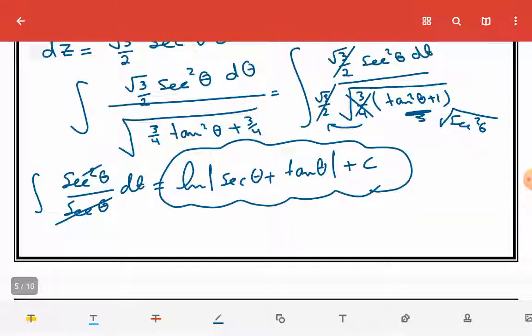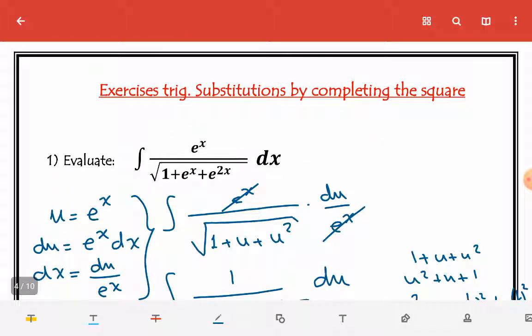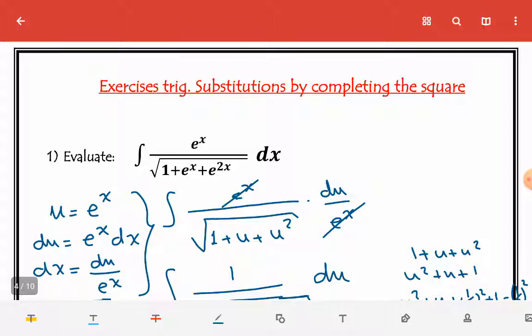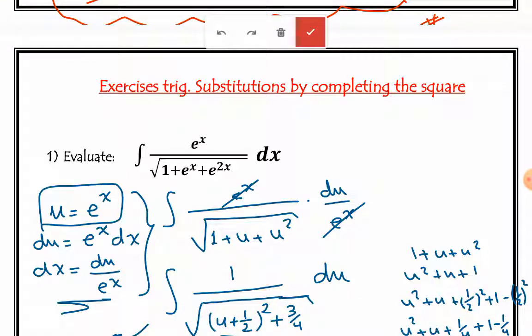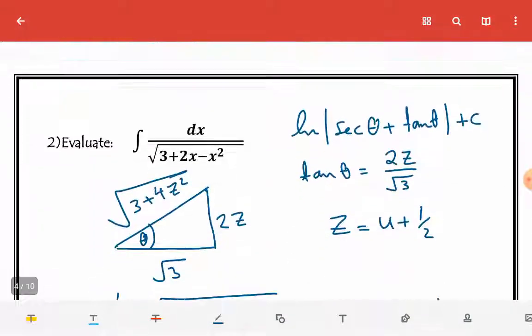Yes, we will go back again to the beginning of the question. We know that u is e to the power of x, so I'm going to replace every u by its value.